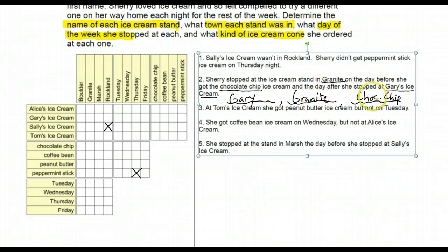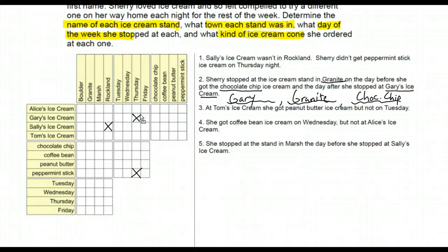So take a look and reread this clue. Granite is the day before chocolate chip and the day after Gary. Well, since these are in order, that tells me a lot. If I look at Gary's ice cream shop, since there has to be 2 things following it, Gary can only be Tuesday or Wednesday. If she stopped at Gary's ice cream on Thursday, 2 things couldn't follow it.